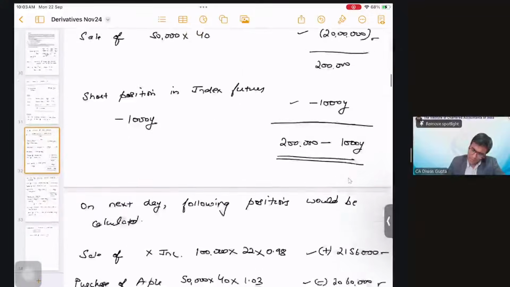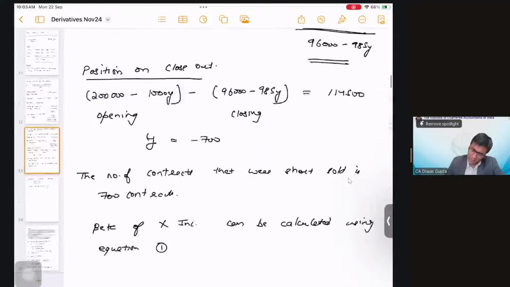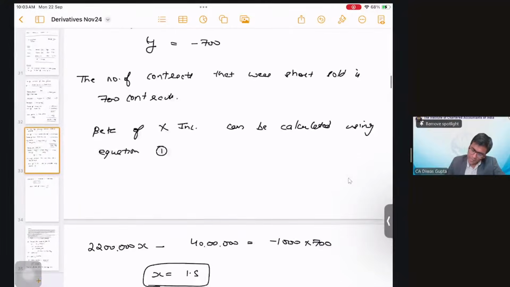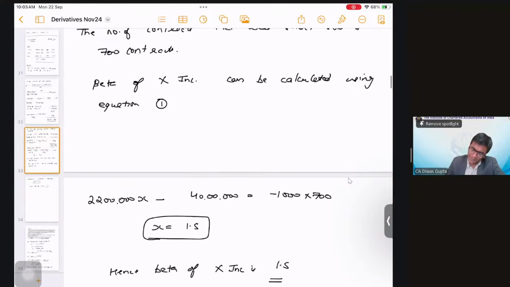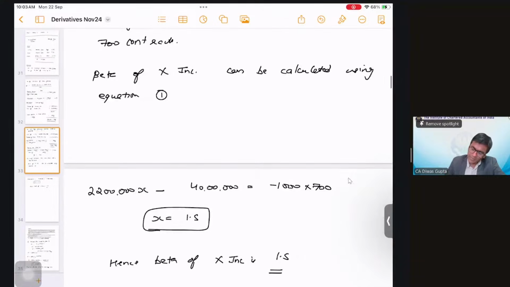Why did you get beta as 2.14? Have you taken here minus or plus? Just check this once. Minus. Okay, wait, then let me do it. So this is what? 7 lakh 47.